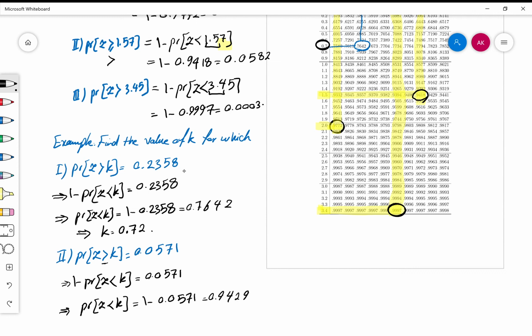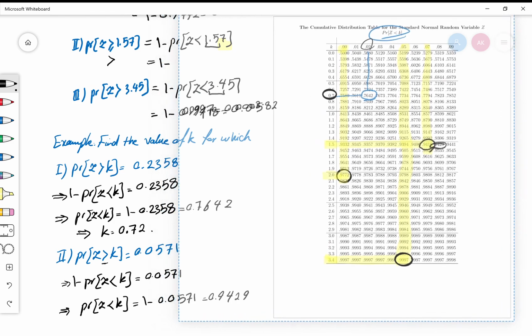0.94 is here, then 0.9429, it's here, sorry about that.